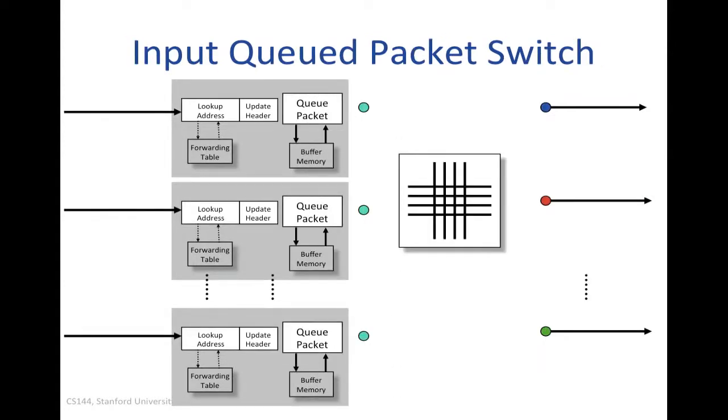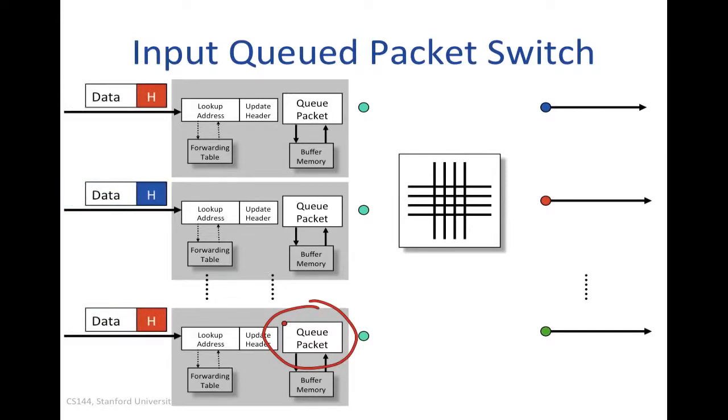Let's take a look at what happens when we do this. For obvious reasons, we call this an input queued packet switch. Now the queues where packets will be held are at the input side of the switch. The advantage of this will perhaps be obvious in a moment if we consider packets arriving to the switch.